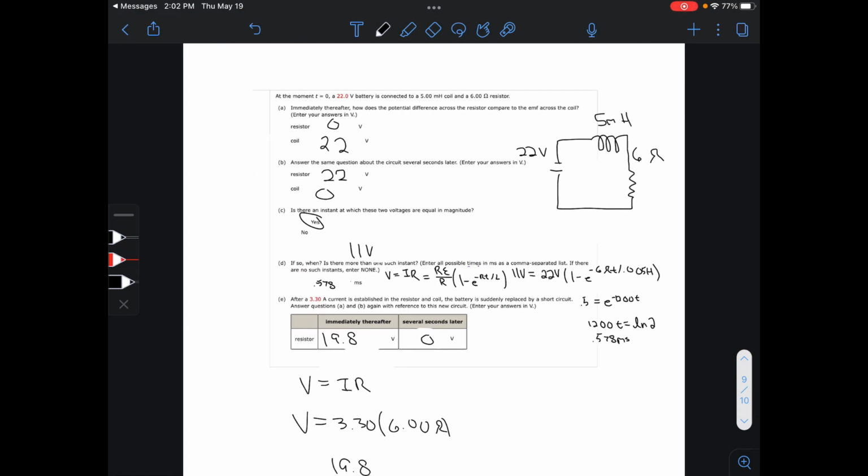Okay, so parts A, B, C, those are just conceptual, really. I know they ask for answers, but those are just basic conceptual understanding of how an inductor works. And that's just classroom understanding. But when we get into part D, that's more of our algebraic understanding, if you will.